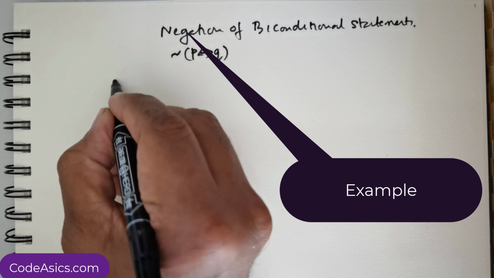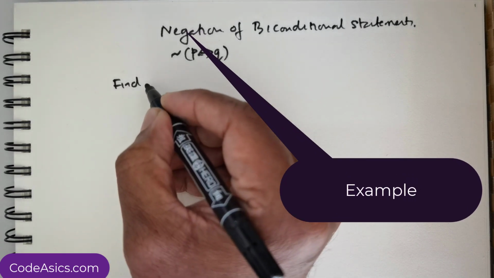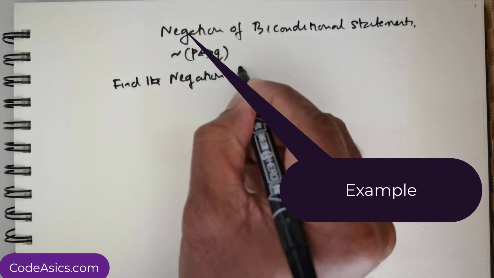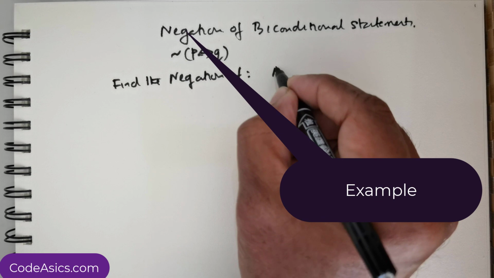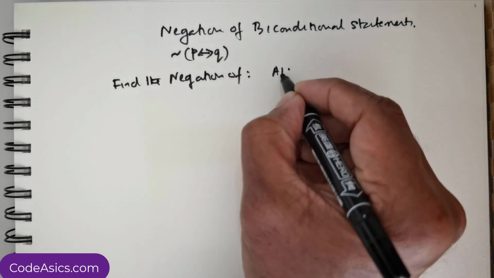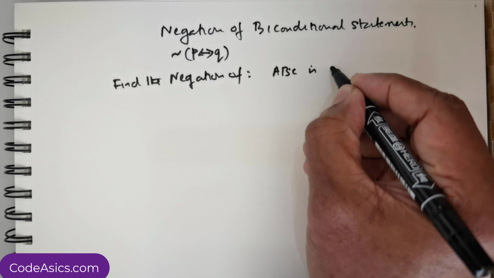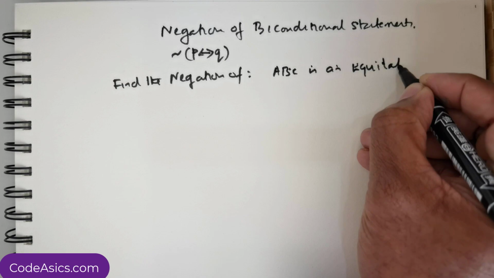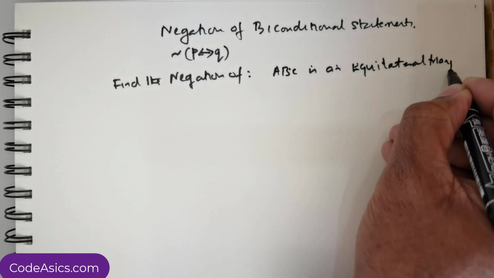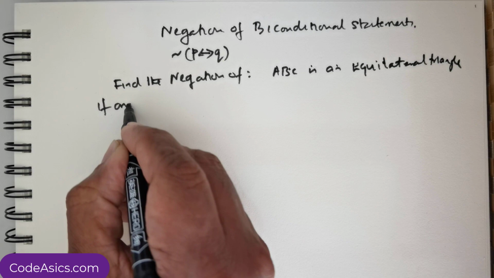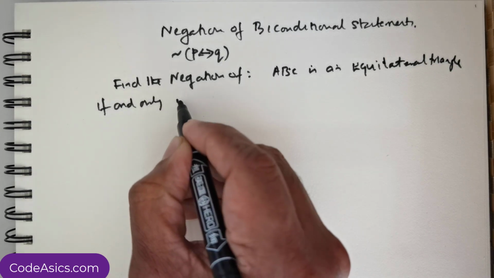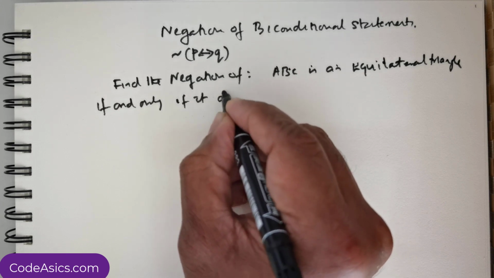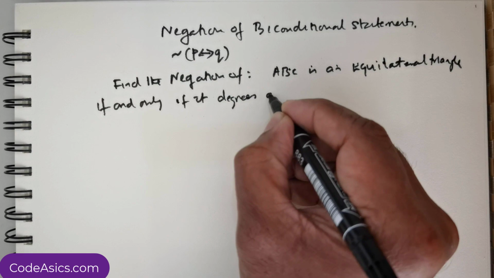Imagine we have a question. Find the negation of this: ABC is an equilateral triangle if and only if its degrees are equal.